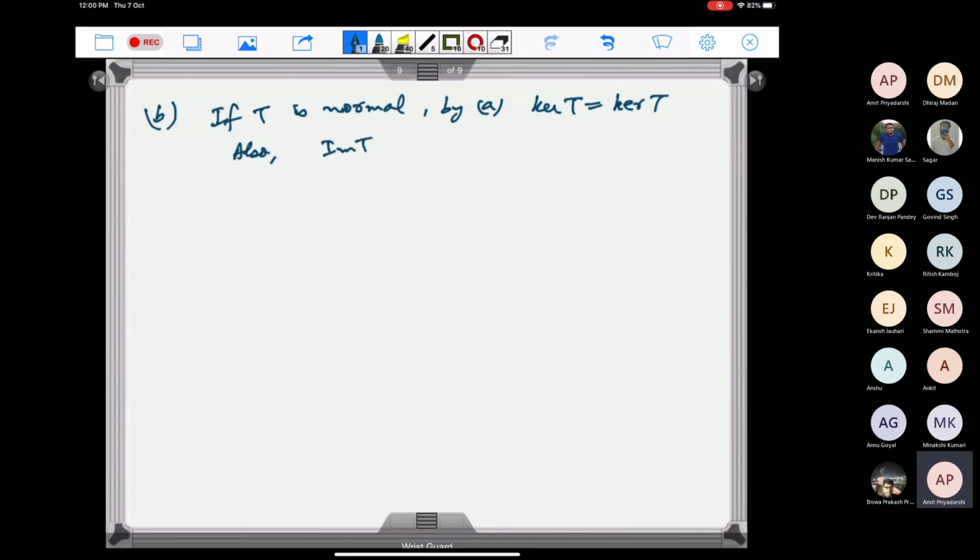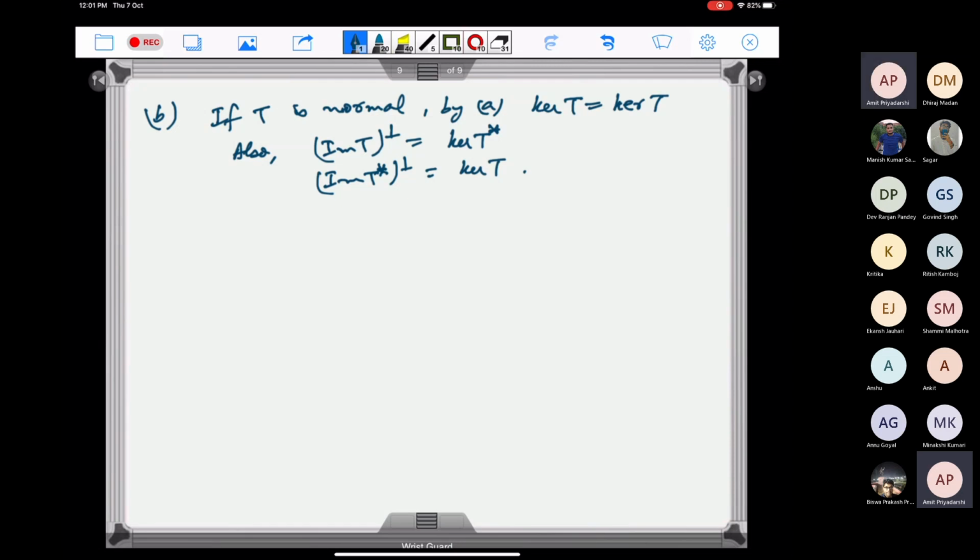Image of T perp is equal to, one minute. So this is the kernel of T star, and image of T star perp is the kernel of T. So therefore we will get this.